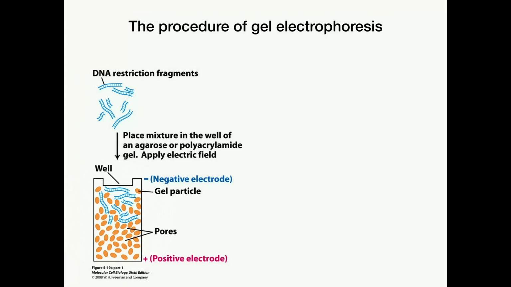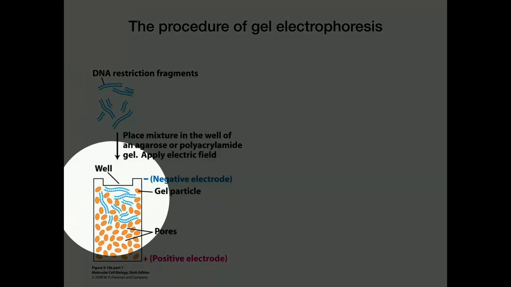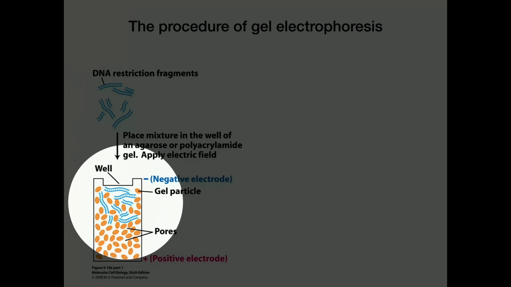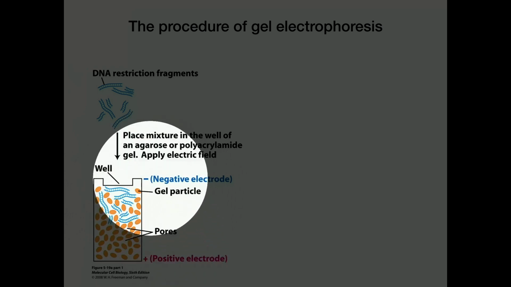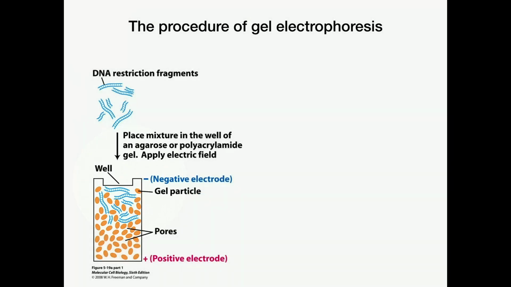It could be composed of polyacrylamide. And then because DNA is negatively charged, the backbone, if you run a current through it such that the positive electrode is at the bottom, then the DNA is going to snake through this gel, okay?